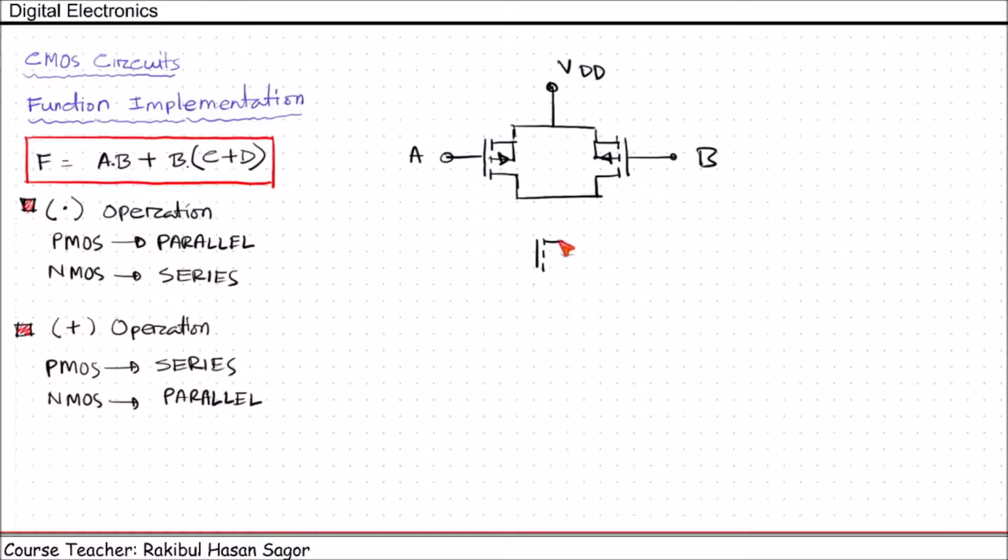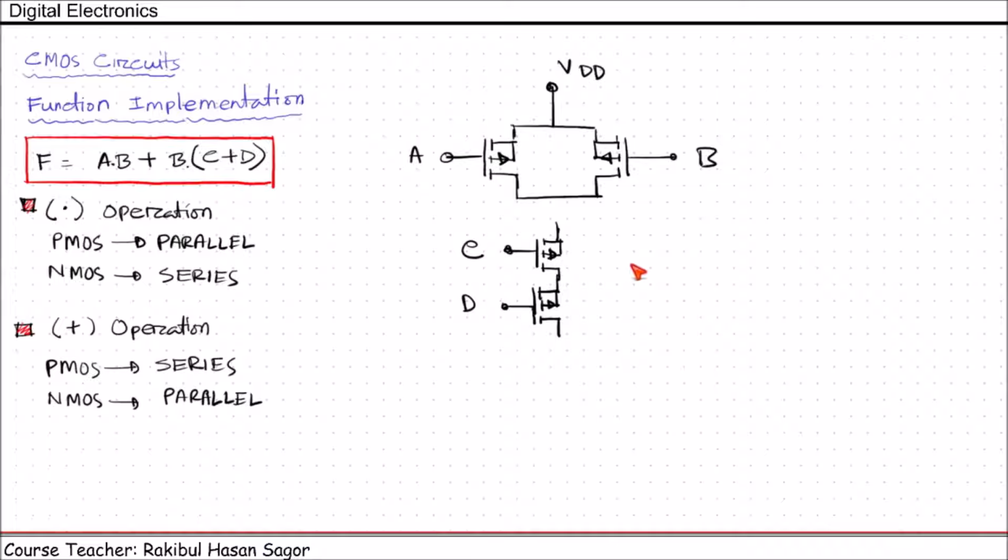So this is one PMOS, that is C, and connect another PMOS, that is D. They are connected in series, C or D. Now the whole portion is ANDed with B. So whenever we have AND operation for PMOS case, they are to be connected in parallel.